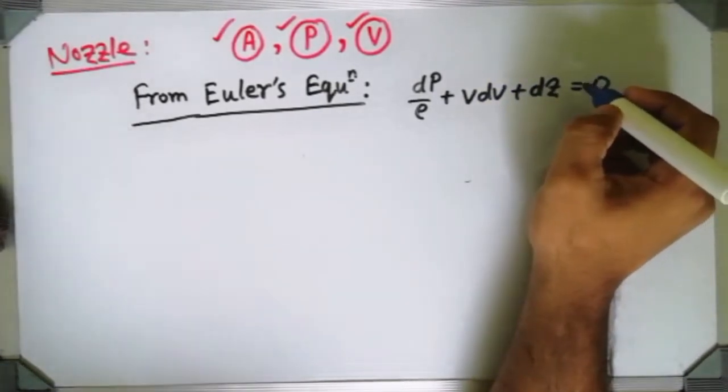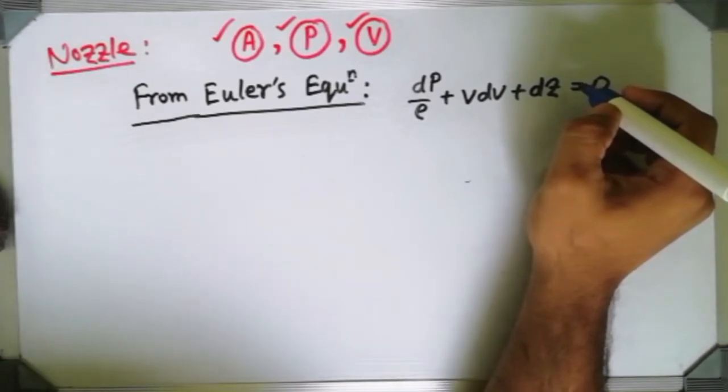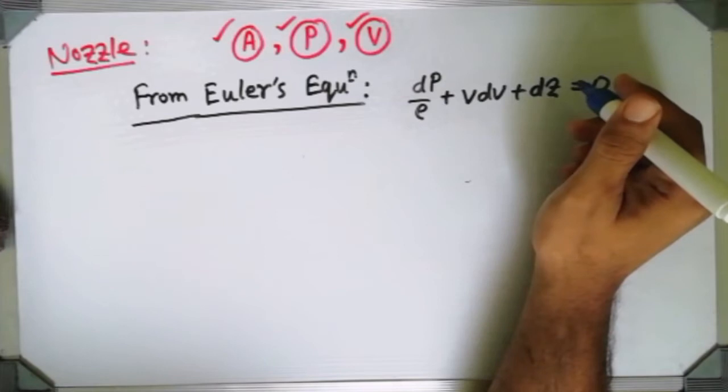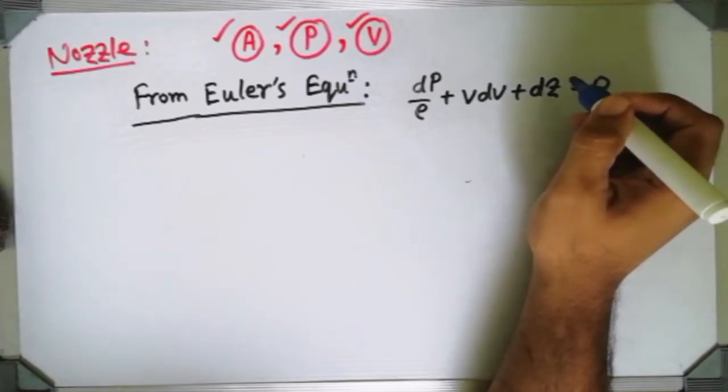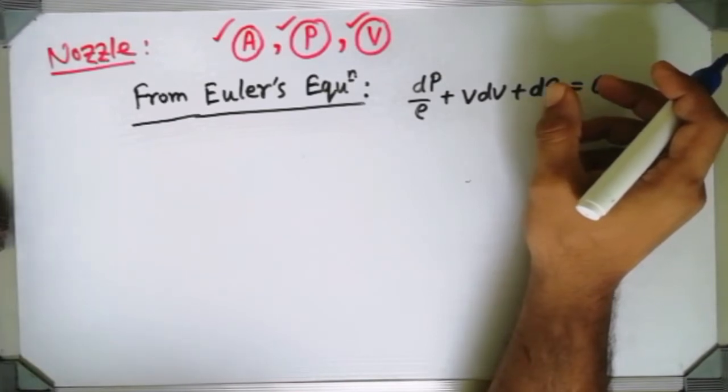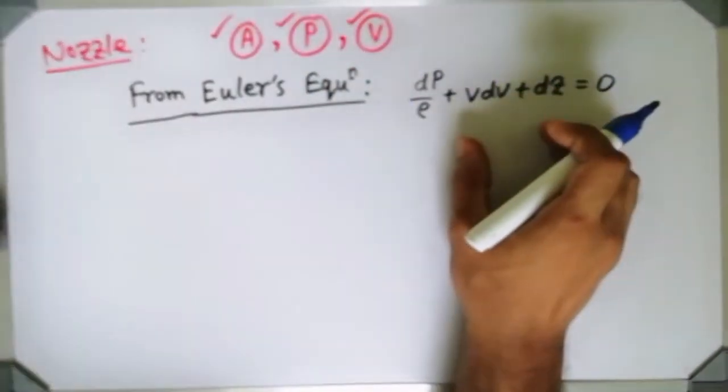Have you heard Bernoulli's equation ever before? Bernoulli's equation is there in class 12 of the CBSE board. If you heard that name before, that Bernoulli's equation is actually derived from Euler's equation itself.